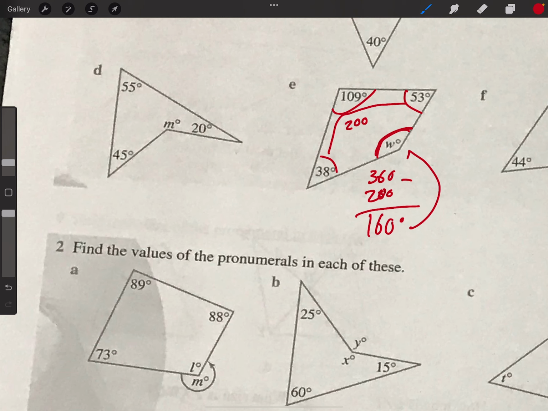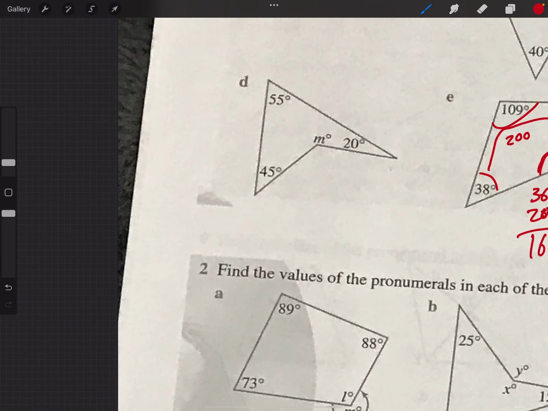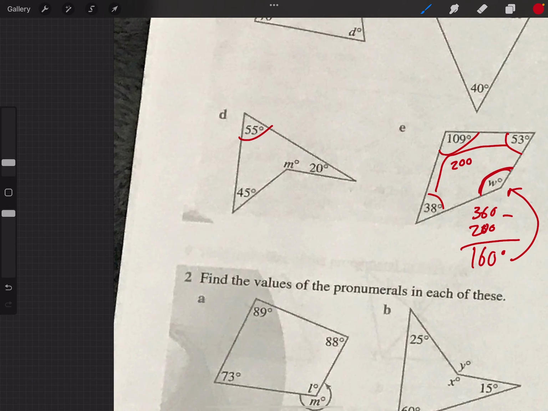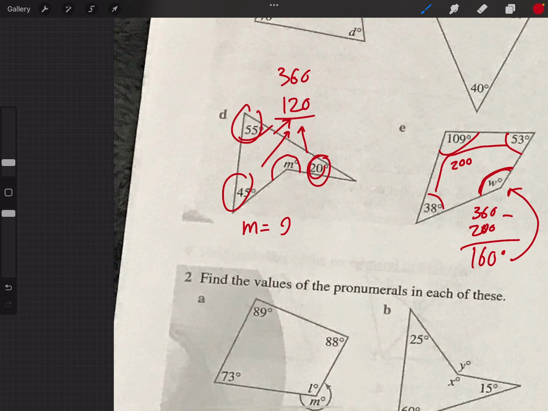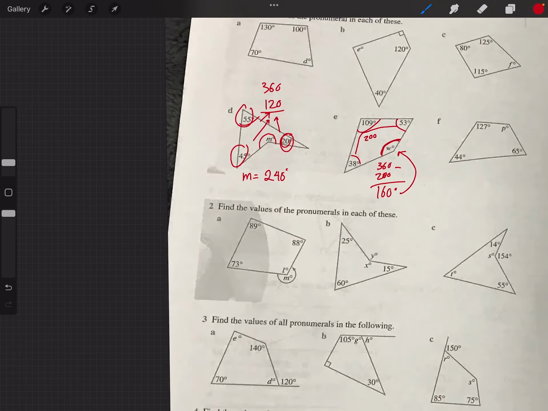There's your answer. Now this one, question M, same thing. 55 plus 45 makes 100, plus 20 makes 120. So 360 take away 120 is 240. So M is equal to 240 degrees. Alright, the rest you can do on your own.